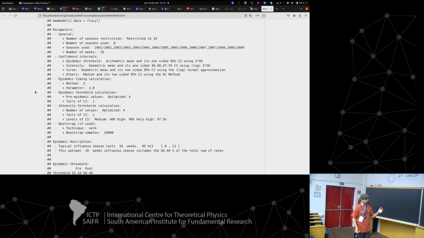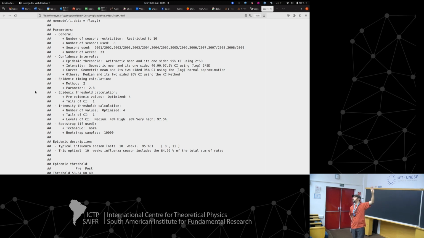What I want to do is go for the median and quantiles directly with a bootstrapping method or whatever, which is what we have for the median, and is two-sided. Those are all parameters that you can change when you call the MEM model function.